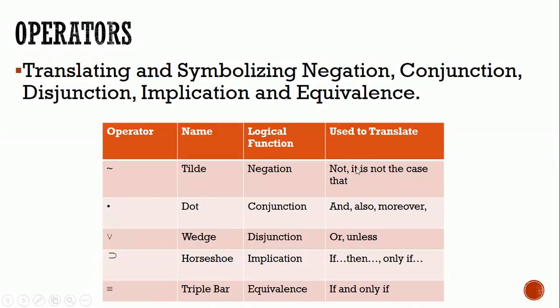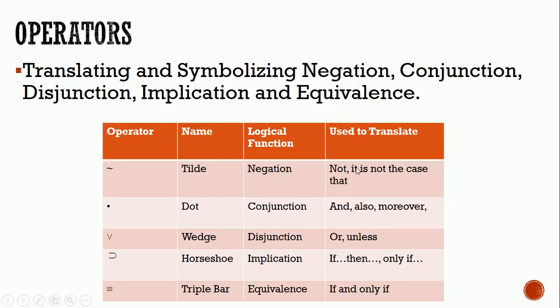So the operator, the tilde is a negation. So no, it is not the case that. Remember, when we're translating this stuff, it's loose, and we often just translate aspects of ordinary language.